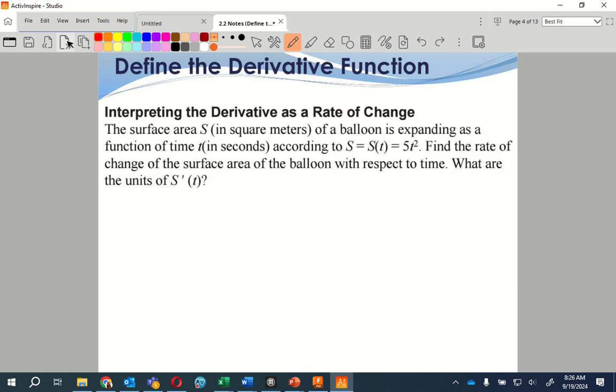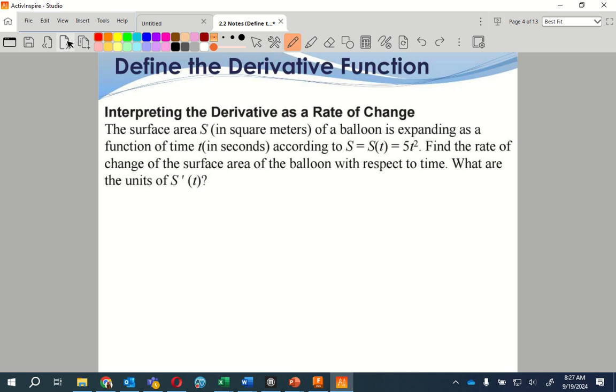Interpreting the derivative as a rate of change. The surface area, that's important, area is always units squared, right? Okay, that's important, especially when we're talking about different things. Area is a unit squared, so when I'm talking about that, everything needs to match.